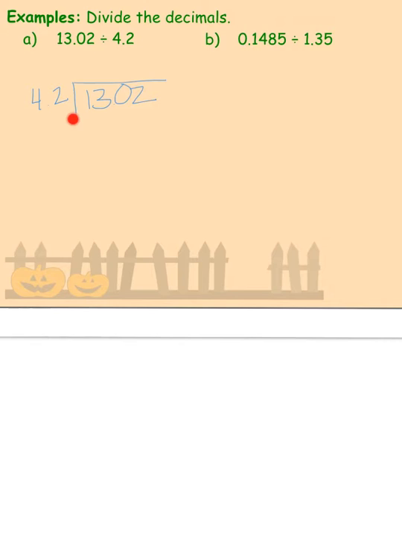I always call this division sign the house, as you've heard me say. This first number, they were first in line. They get to go in the house, but it's only a one-person house, so they're the only people that fit in it. So the 4.2, because that comes second, has to hang outside the house. If it helps you remember it, awesome. If not, try to find something else.